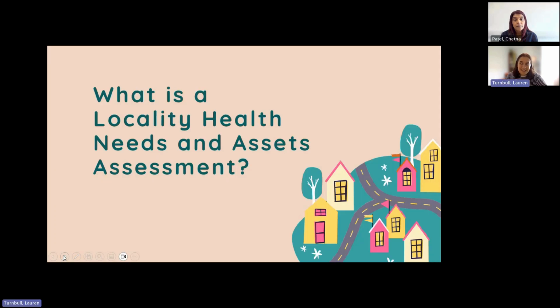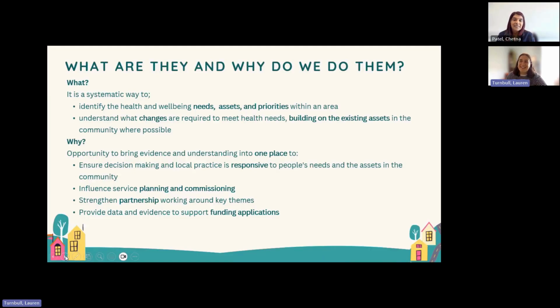So what is a locality health needs and assets assessment? It's quite a mouthful to say that, so I'm not going to keep repeating it. But a locality health needs and assets assessment is a systematic way to identify the health and wellbeing needs, assets and priorities within an area, and also understand what the changes are required to meet the health needs of the people in that area, wherever possible, building on existing assets that are already in the community.